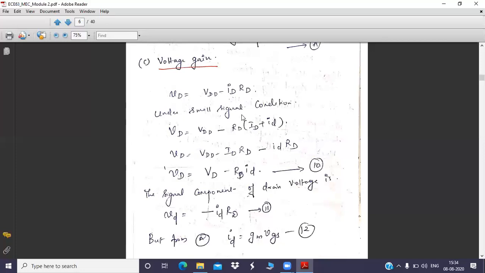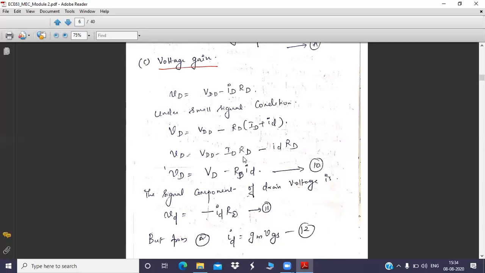Next, what I have done is I have replaced this i with capital D by capital ID plus small letter id, and later on I have opened the brackets. Now from this, I will be taking only this term, not this term. I will be neglecting this term because I am taking AC. This is pure DC.